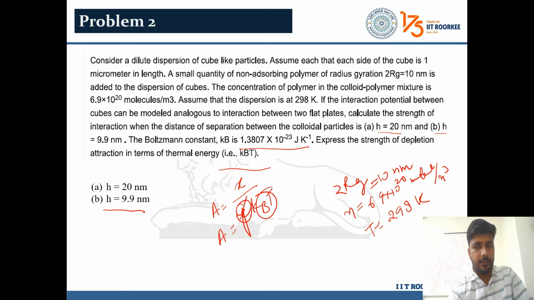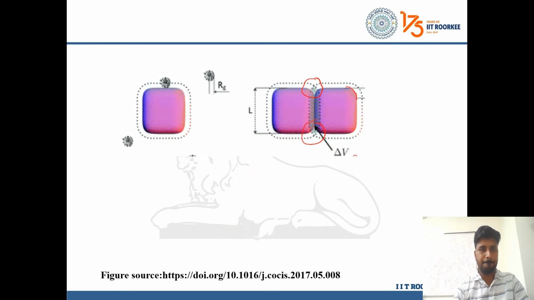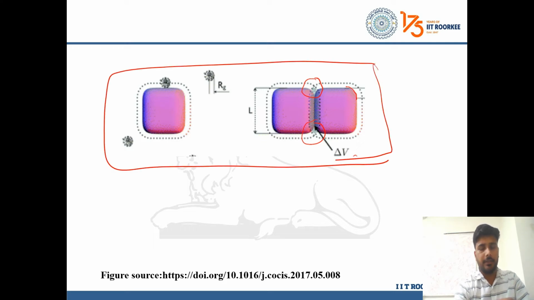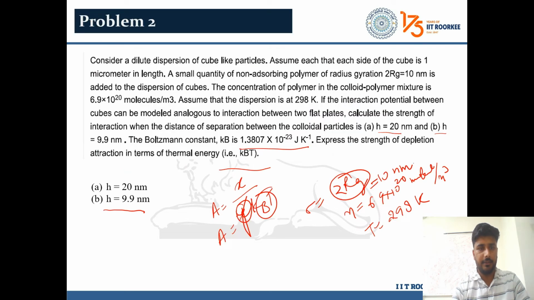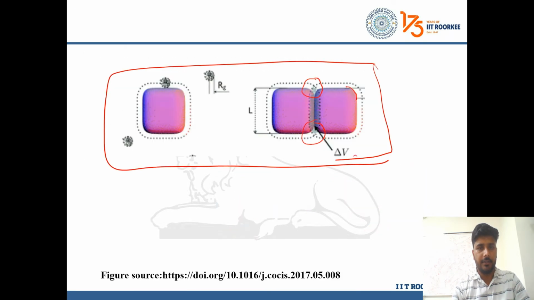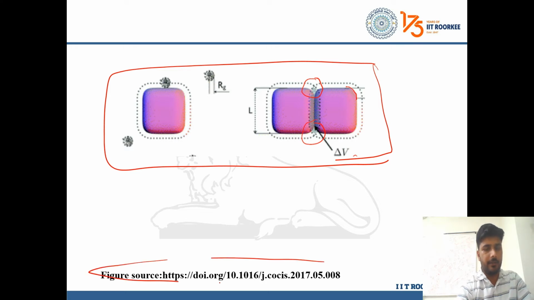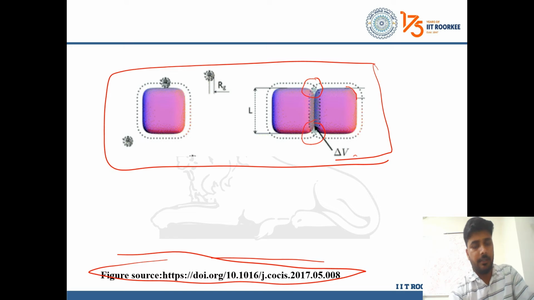So 2 Rg, you can write here as sigma. This is the situation the question describes. This is the depletion volume, and this is the polymer with half the radius of gyration. You can find out more about this problem at this particular link.